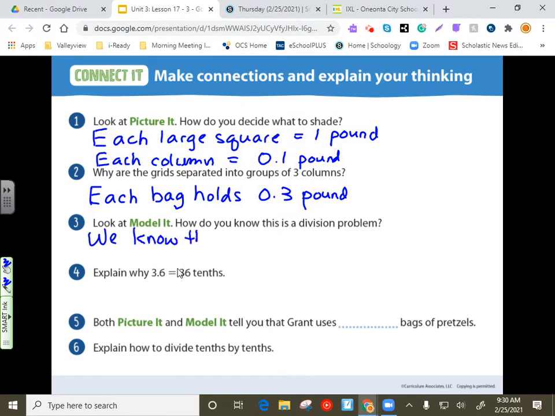What they're asking is, how do we know that this is a case where we have to divide things? Because we know the entire amount, which is 3.6 pounds, and the size of each group.